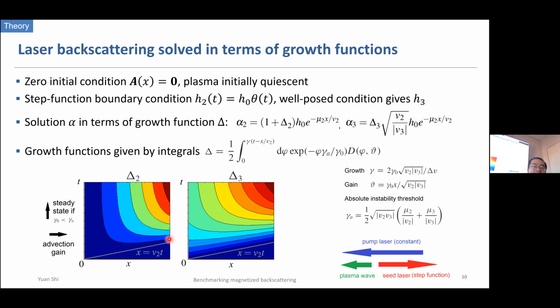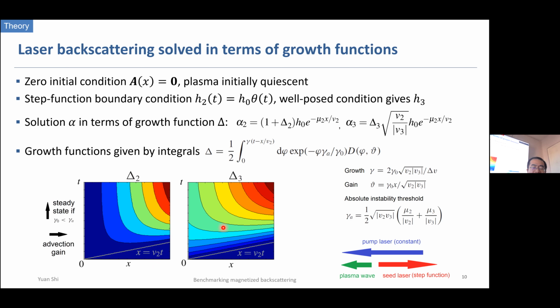But behind the front, after the laser stimulates emission, so to speak, the back of the laser will start to grow. If you watch a fixed position in space and watch what happens in time, before the laser passes, there's nothing. After the laser passes, you start to grow. That's the stimulated scattering process. You just need to stimulate first.